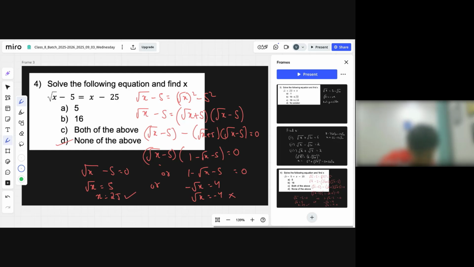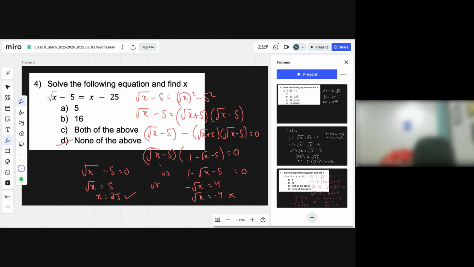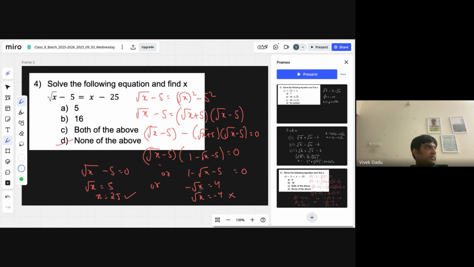No, you're not. You try with 25, you won't get. Sorry, you try with 5, you won't get. Oh, sir, my bad. You guys realize this second bit, why this is wrong? Because if you square both sides, you will get x equal to 16, which is wrong. Do you realize why it's D?